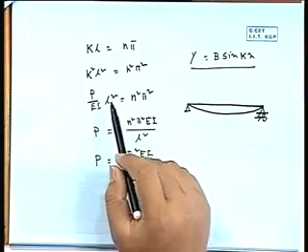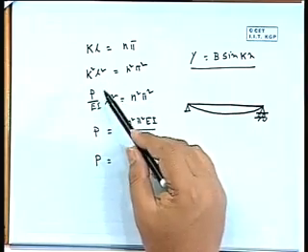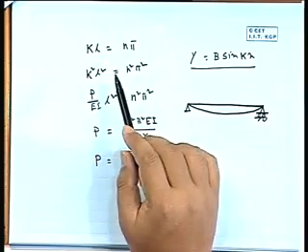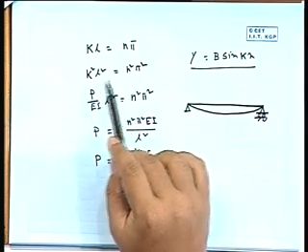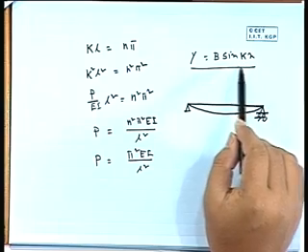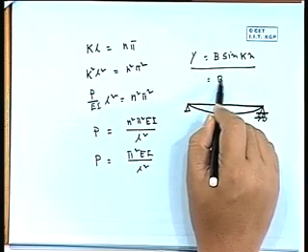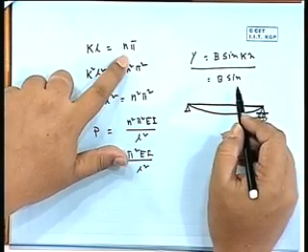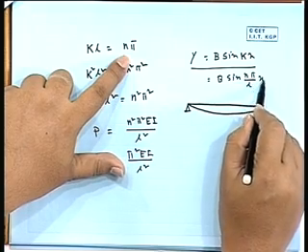Now this k is n pi by L. If n equal to 1, k will be pi by L. So in general form we put n pi by L into x.